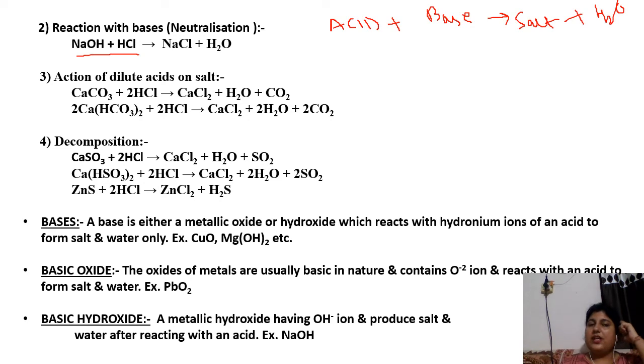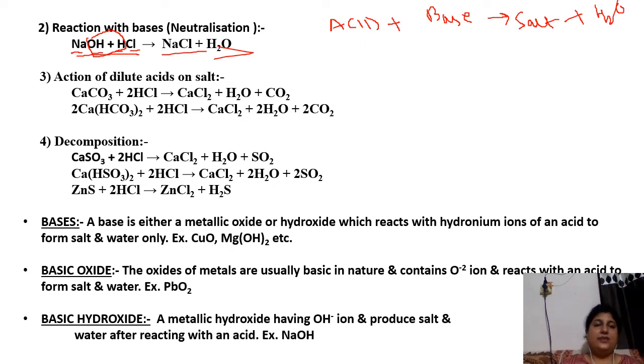So here I have taken a base NaOH and an acid HCl. What will happen? It is split up into sodium ion and hydroxide ion, while this one is hydrogen and chlorine ion. The negative of this will attach with the positive of this and result in the formation of water, while this chlorine adds with sodium and results in the formation of sodium chloride.